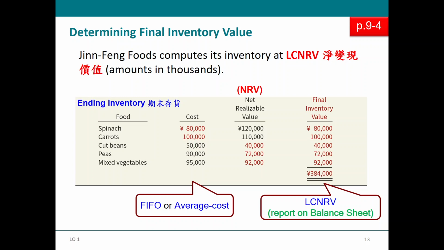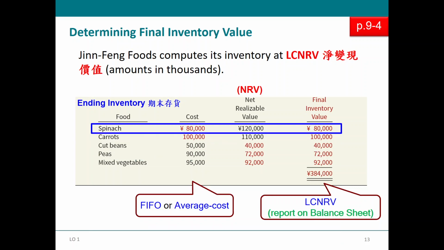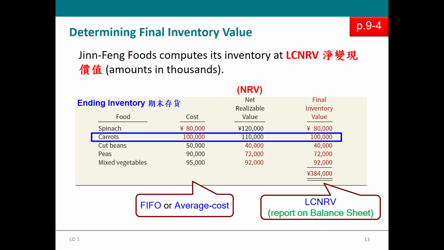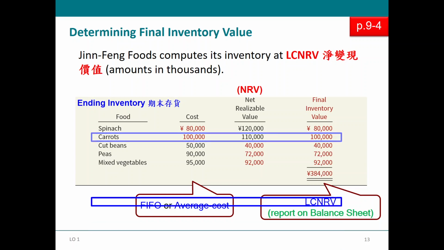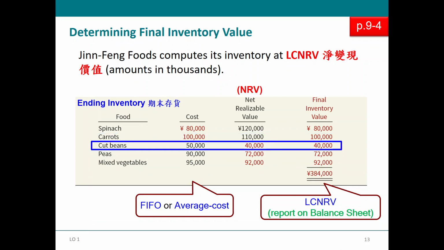But before you prepare the financial statement, don't forget, you have to compare the number with your NRV, then choose the lower one, right? So first item, the lower one is $80,000. Second item, the lower one is $100,000. Third item, the lower one is $40,000. So on.